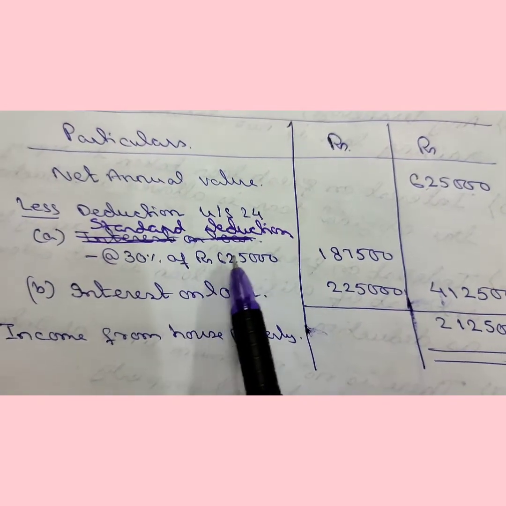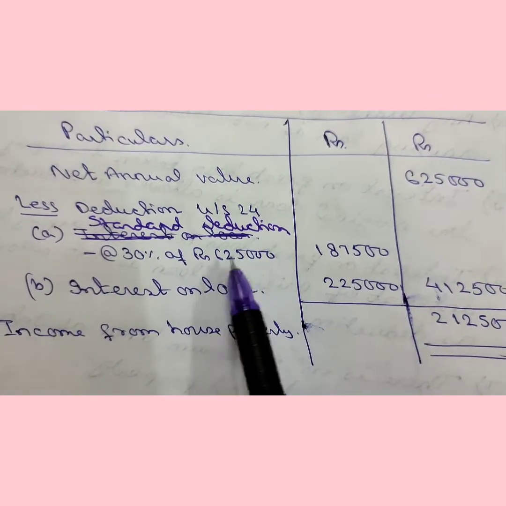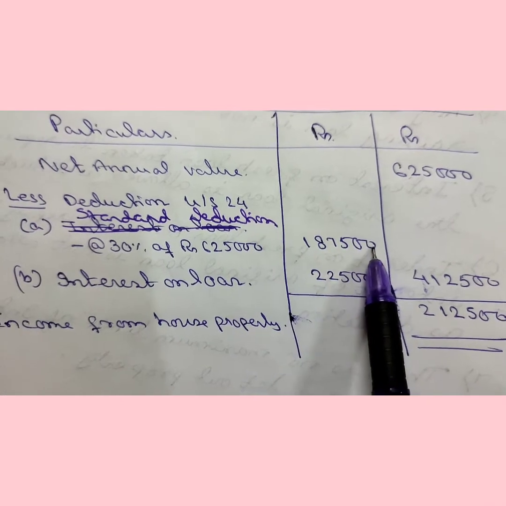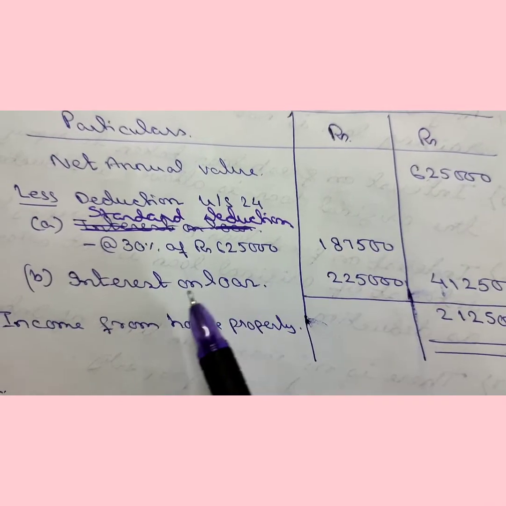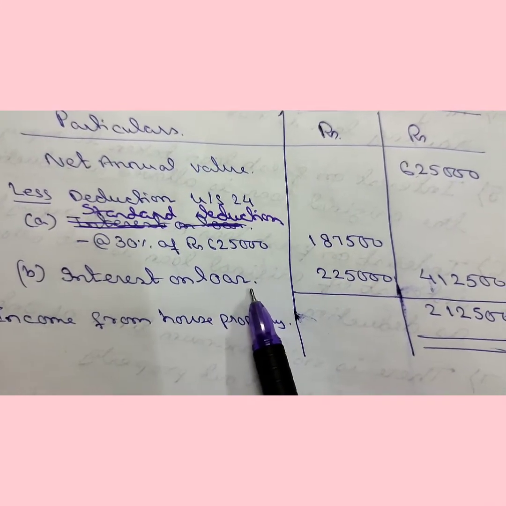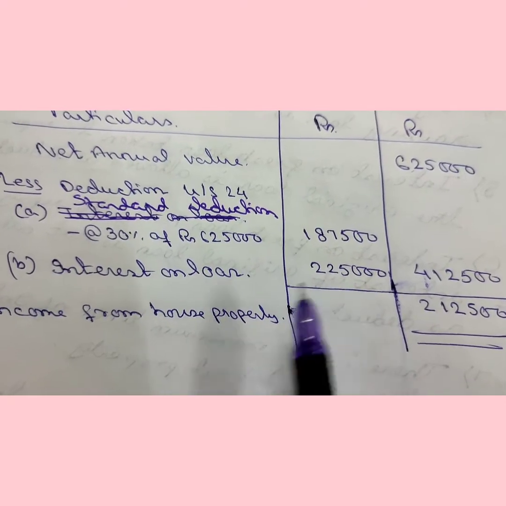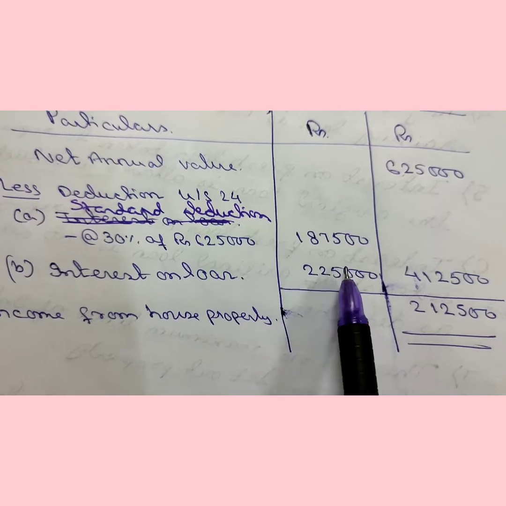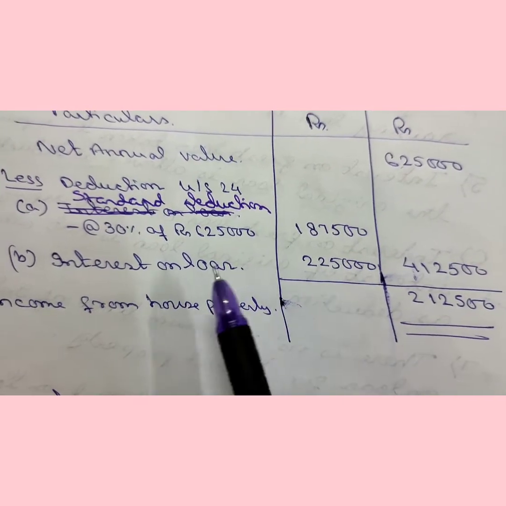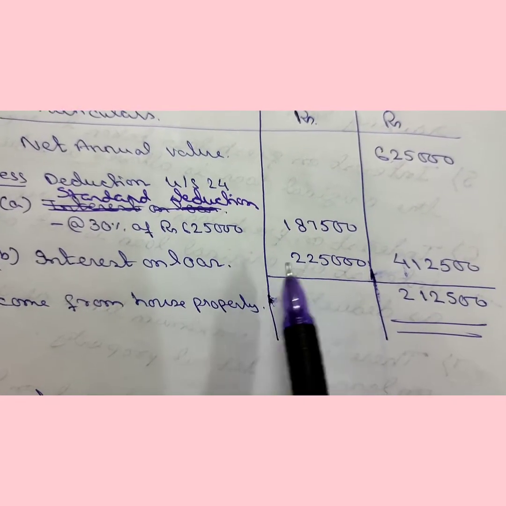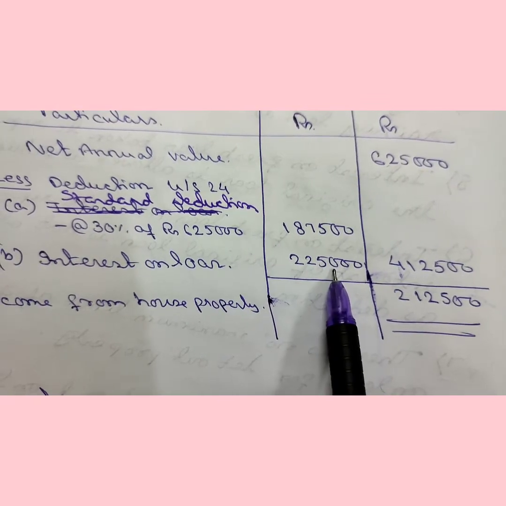So 30% of 6,25,000 will come to 1,87,500. Okay, and for interest on loan the amount is 2,25,000. This is a let out house, so there is no maximum limit of deduction. So the total amount paid or payable is allowed as deduction.